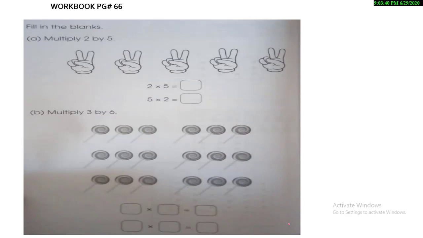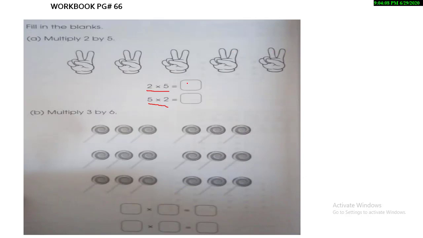Okay, what they did, they already mentioned the number over here. 2 5s are, or 5 2s are. They already swapped the places, but they said write down the answer. What we used to do to find out the answer? Yes, we count all the fingers over here. Let's count it. 1, 2, 3, 4, 5, 6, 7, 8, 9, 10.